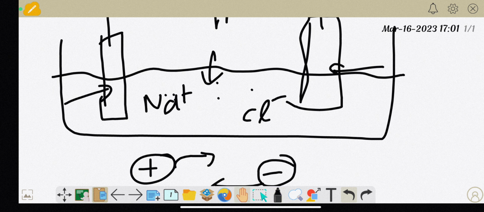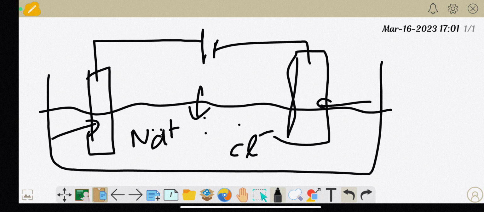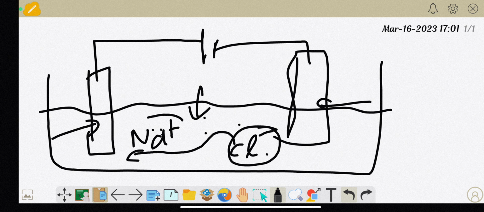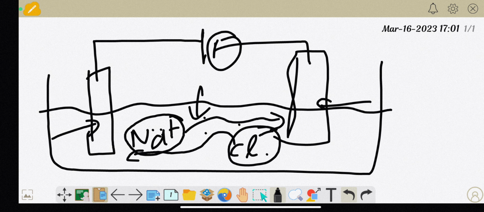Since this is a positive electrode, negative ions will be attracted here, so the current is formed by the negative ions. The positive ions will go to the negative terminal, so the positive ions also produce current. So in an electrolyte both positive and negative charges are responsible for the current.